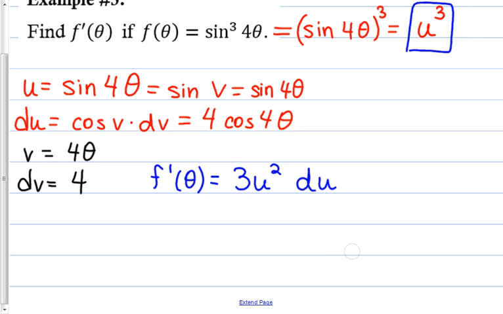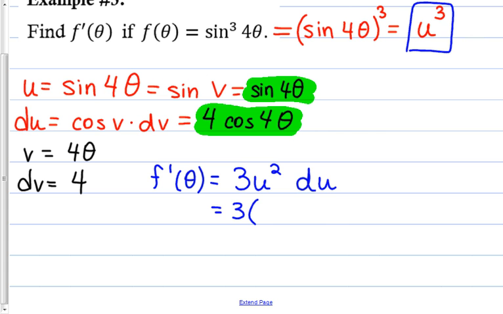That was all that work I was doing earlier over there. So here's my u, and all of this is my du. So I could plug them in. So 3 times u, which is sine 4 theta, squared, times du, which is 4 cosine 4 theta.